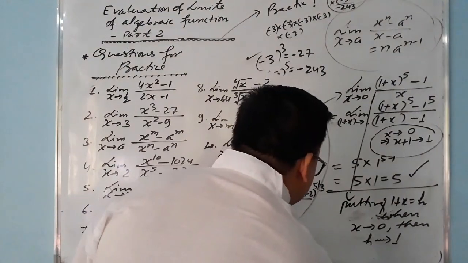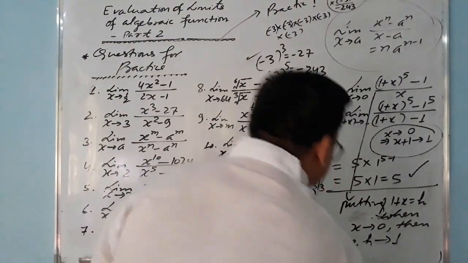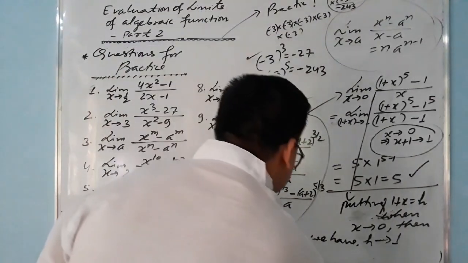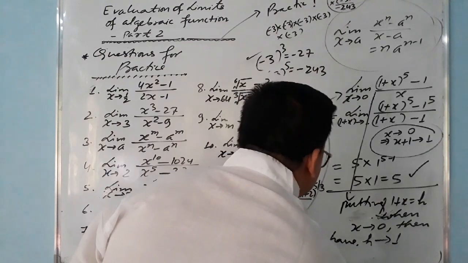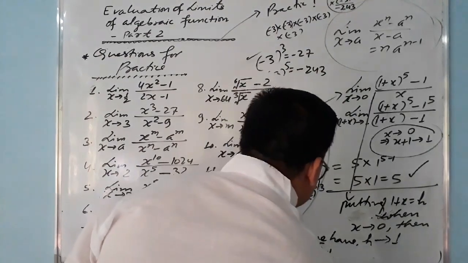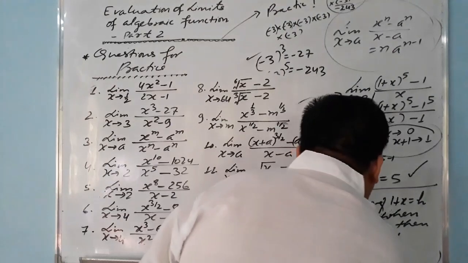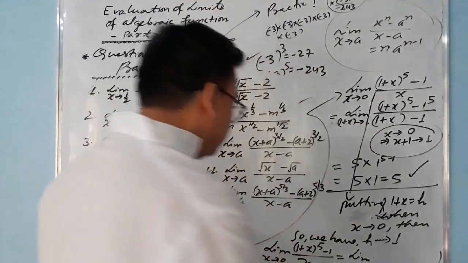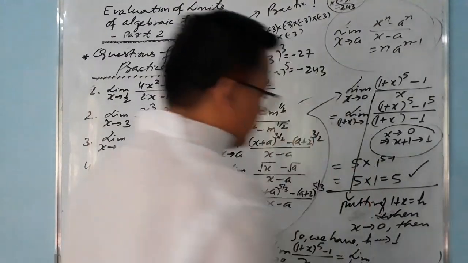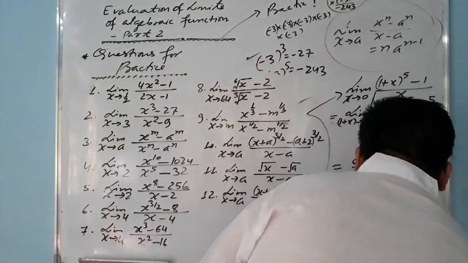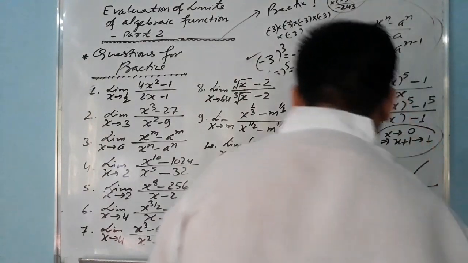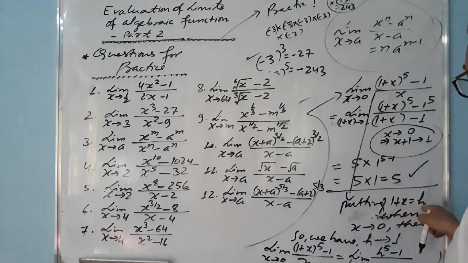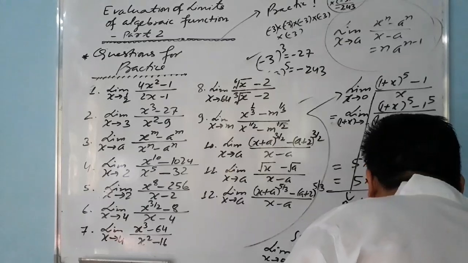And so we have limit x tends to 0, (1 plus x) raised to power 5 minus 1 upon x, equal to limit, instead of x tends to 0, because we are changing the variable, here it becomes h tends to 1, h to the power 5 minus 1 upon x, because here we have used 1 plus x is equal to h, so x becomes h minus 1.